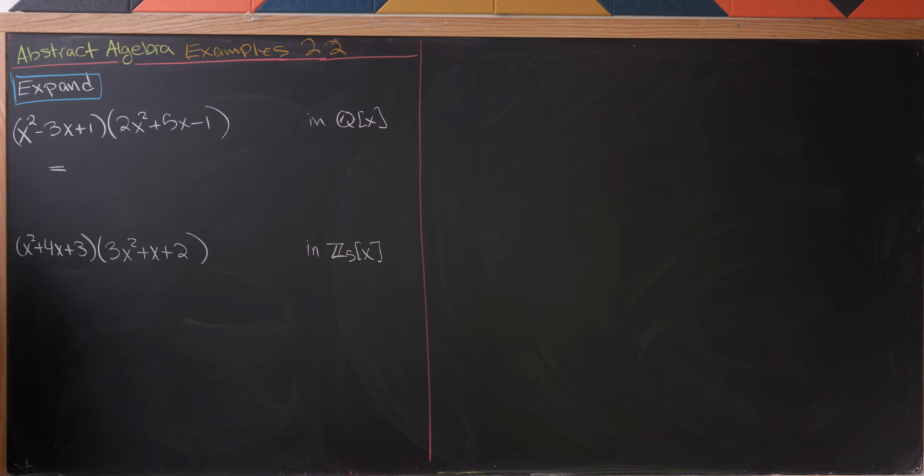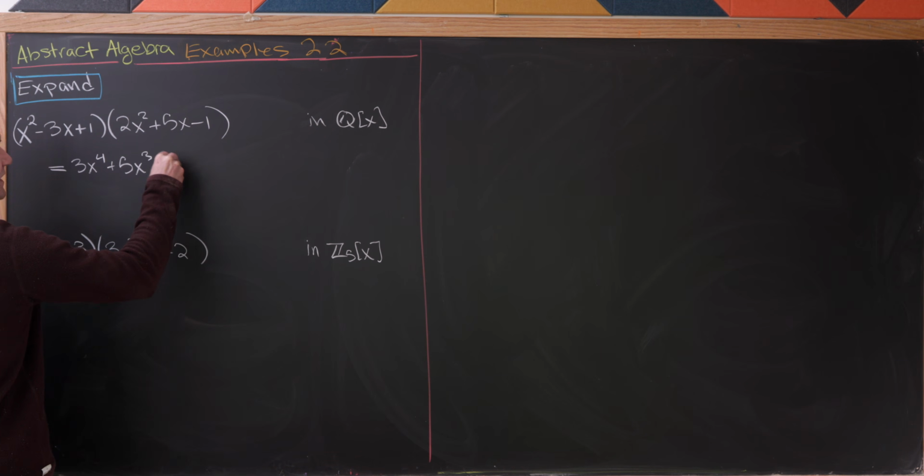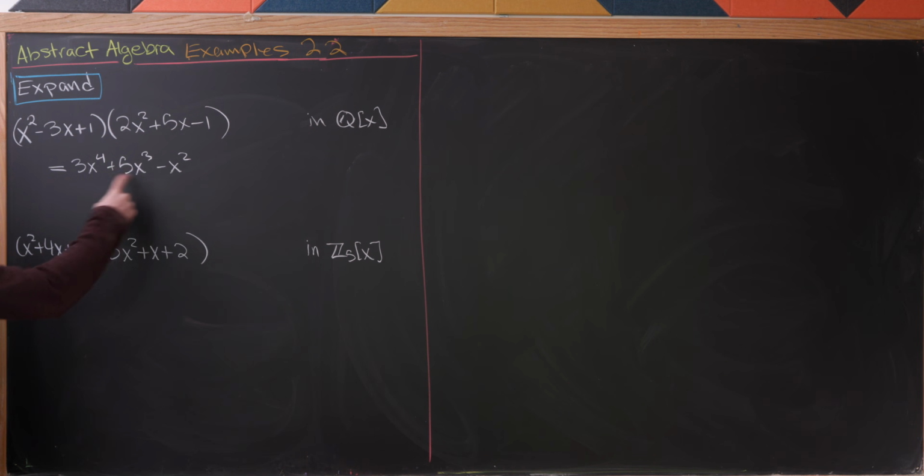So let's maybe look at the x squared multiplying first. So x squared onto 2x squared will be 2x to the fourth. X squared onto 5x will be 5x cubed. X squared onto negative 1 will be negative x squared. So that's a third of our portion, and then we have to do the negative 3x onto each of these.